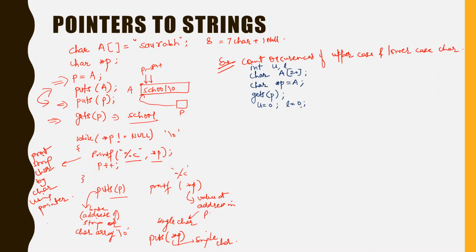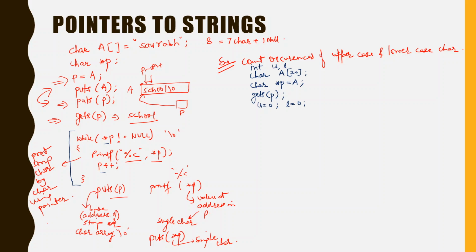Now how to scan? This is the method to scan any string. There is another method to scan. In this method, the p which we started at the base address, we incremented the address, and after this loop, if you want to print the string, you will not be able to print it.